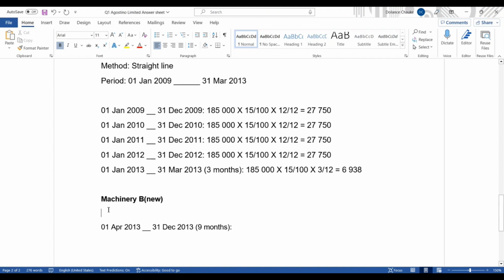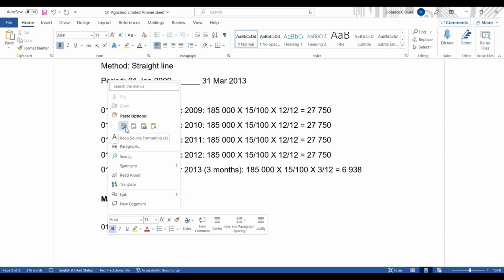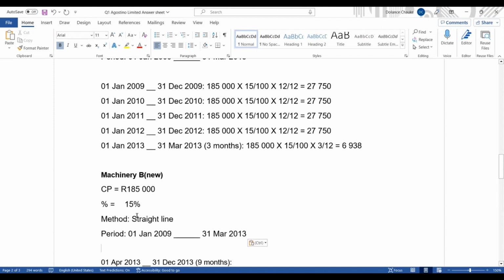Then you need to determine, okay, I need the cost price. So the cost price of the new one is 365,000, right? Am I correct? Yes, it's 365,000.